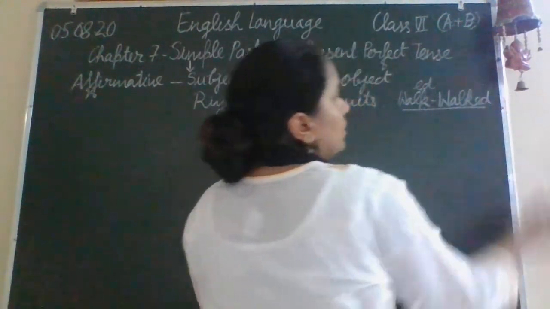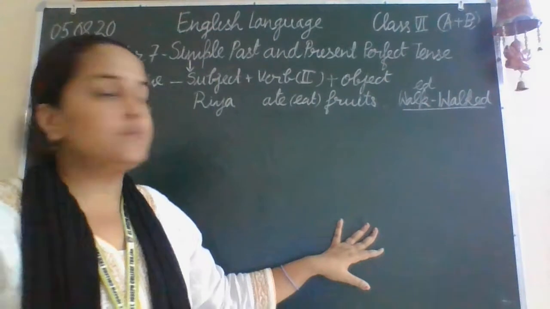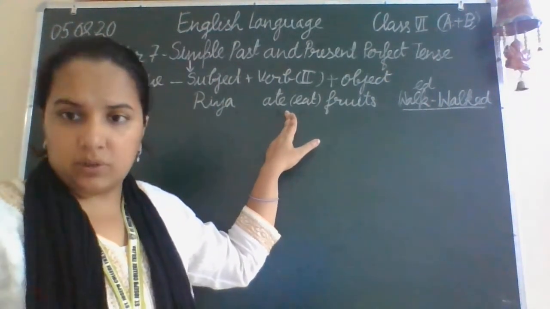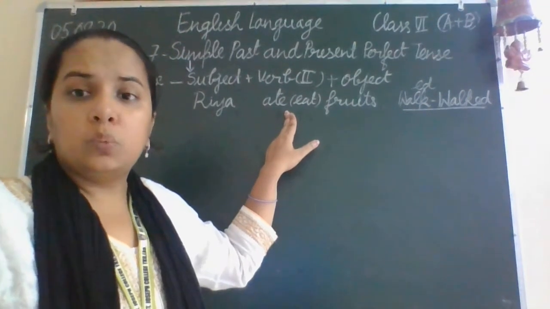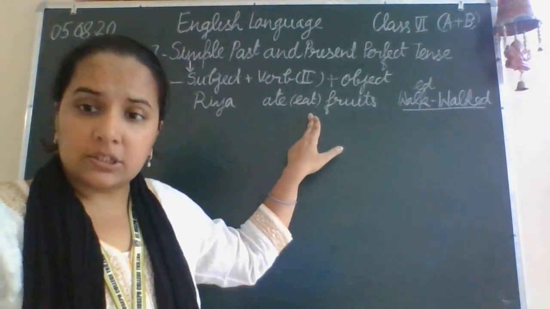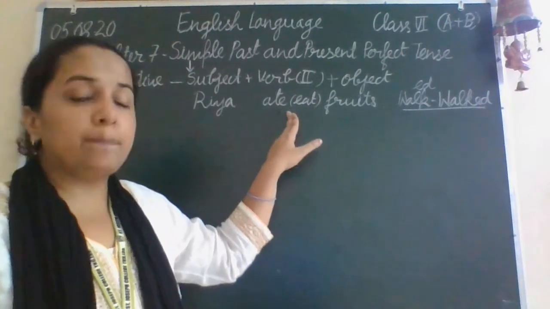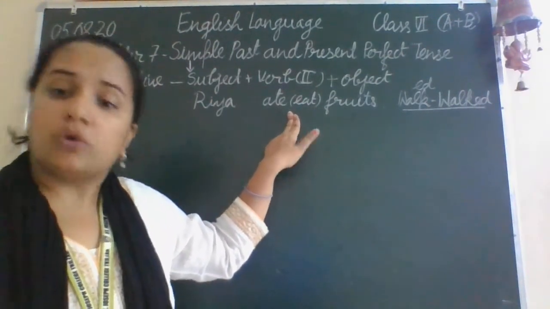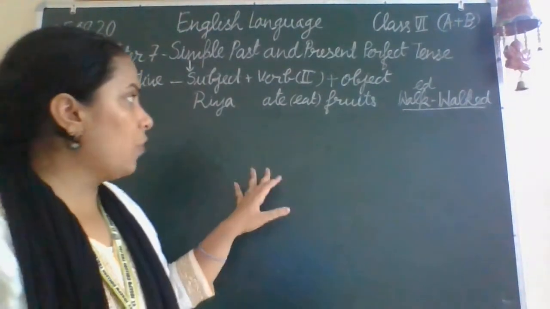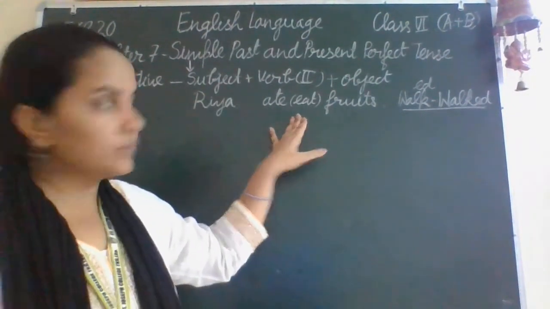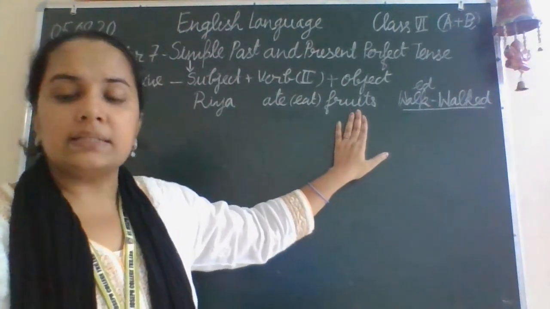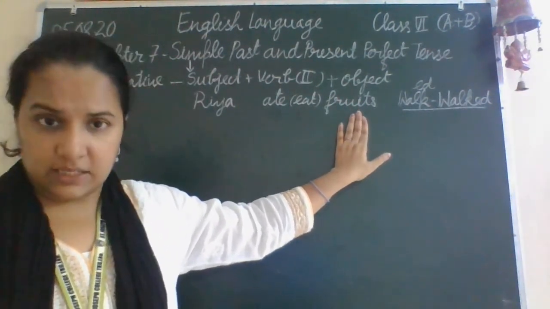These are known as regular verbs, and this one is known as an irregular verb, where we do not add ed but change the vowels or consonants. So this will be the structure of the simple or affirmative sentence.